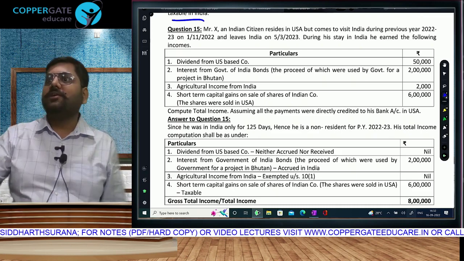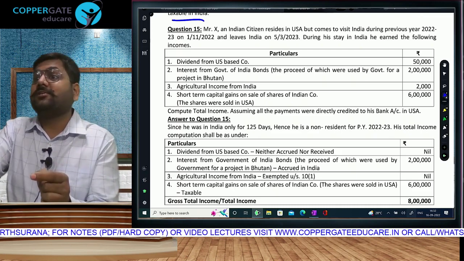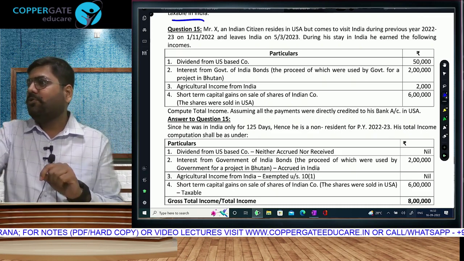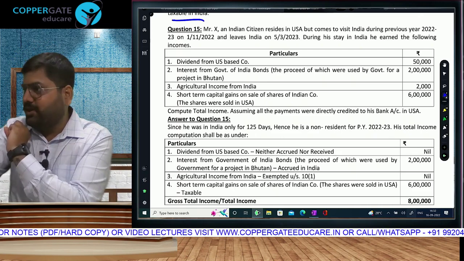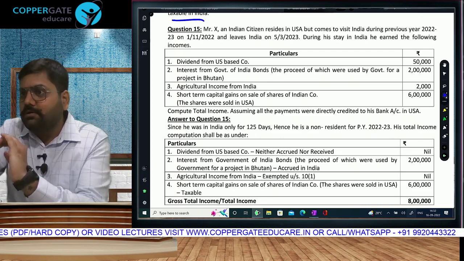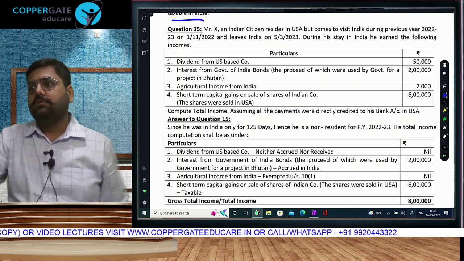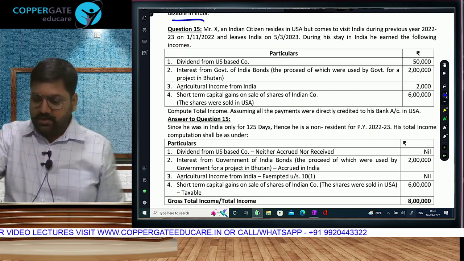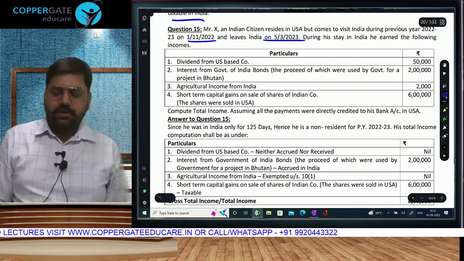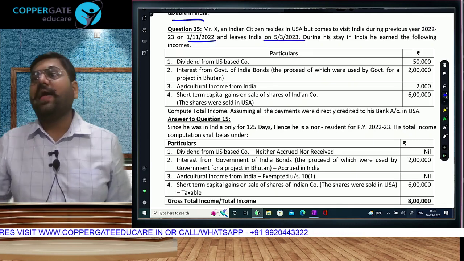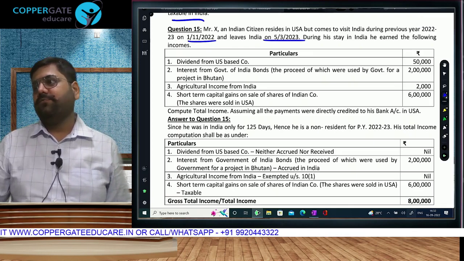That was easy because residential status was given to you, and you just had to decide for each one of them. Here, you will have to first determine the residential status. For that they have given you the number of days. Once you do that, then what will happen?